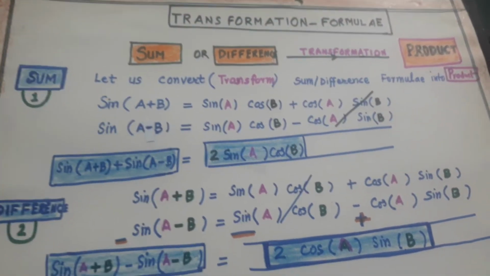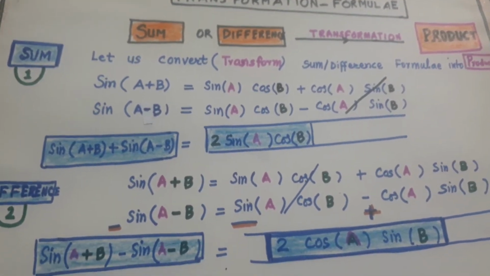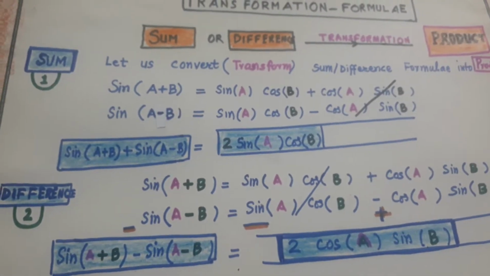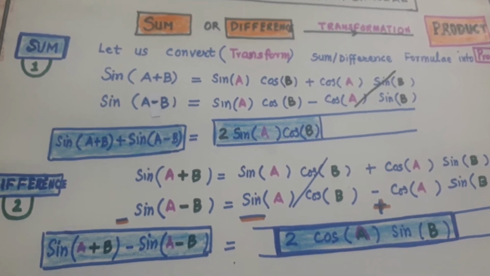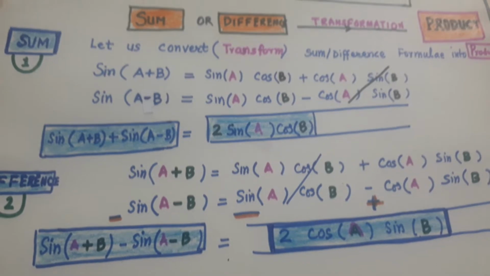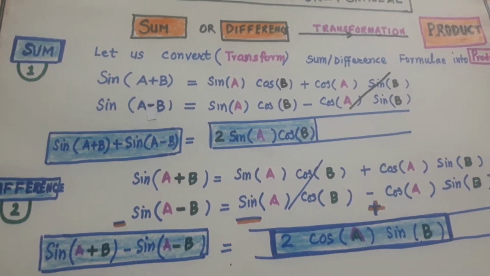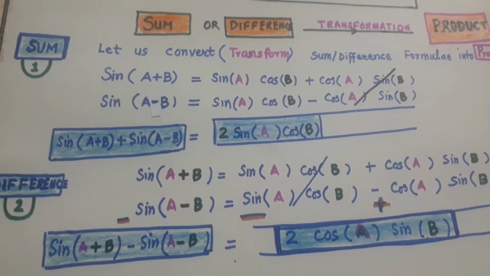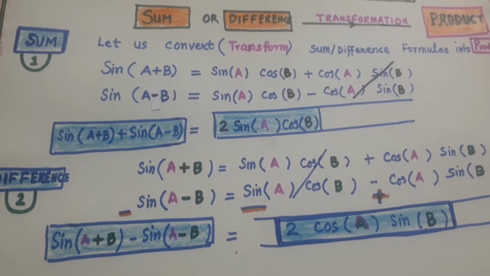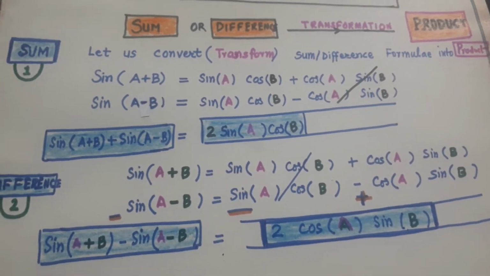You already know that these formulas have been derived from one and only one formula, that is the Mahaballi formula, which I called Mahaballi because with the help of that we have derived so many formulae in the past. Now we are using those derived formulas to create more formulas.